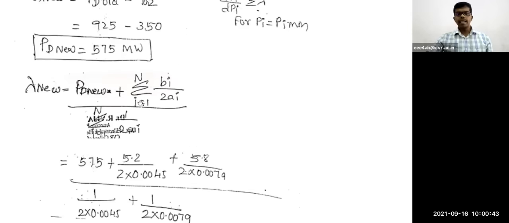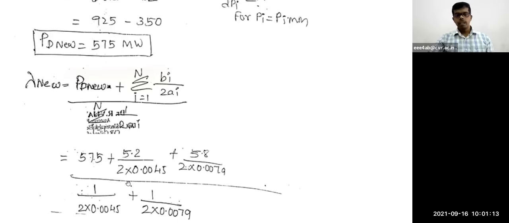So after writing this formula, you write PD new plus B1 divided by 2A1 plus, the second generating unit you just neglect. Why? Because the optimality condition is already satisfied and we fixed that value. So only B1 divided by 2A1 plus B3 divided by 2A3, the whole divided by 1 divided by 2A1 plus 1 divided by 2A3.